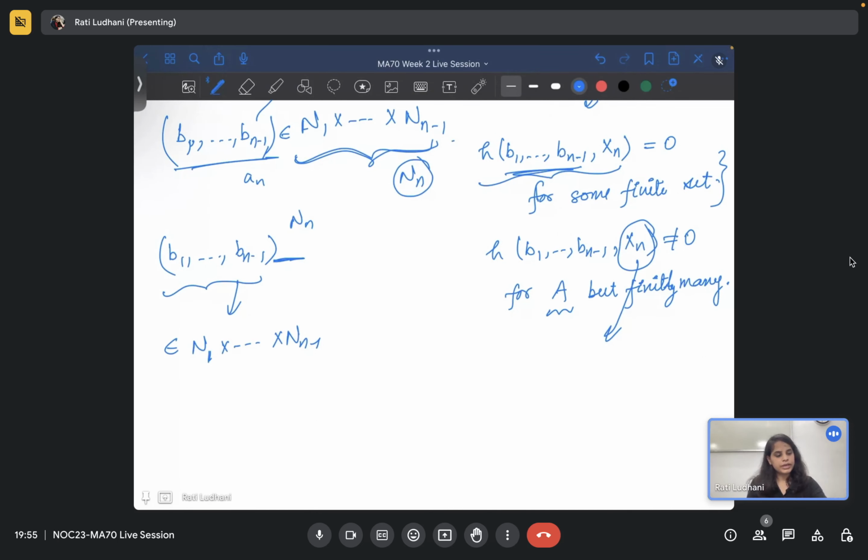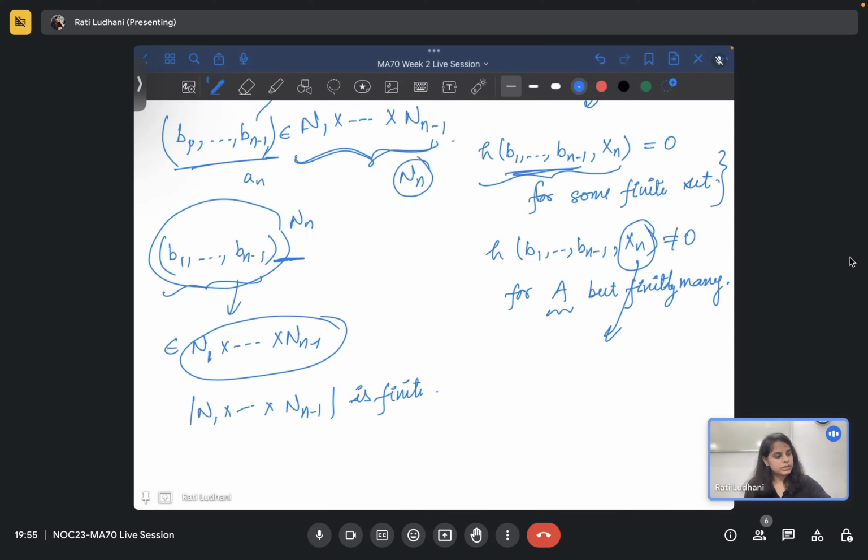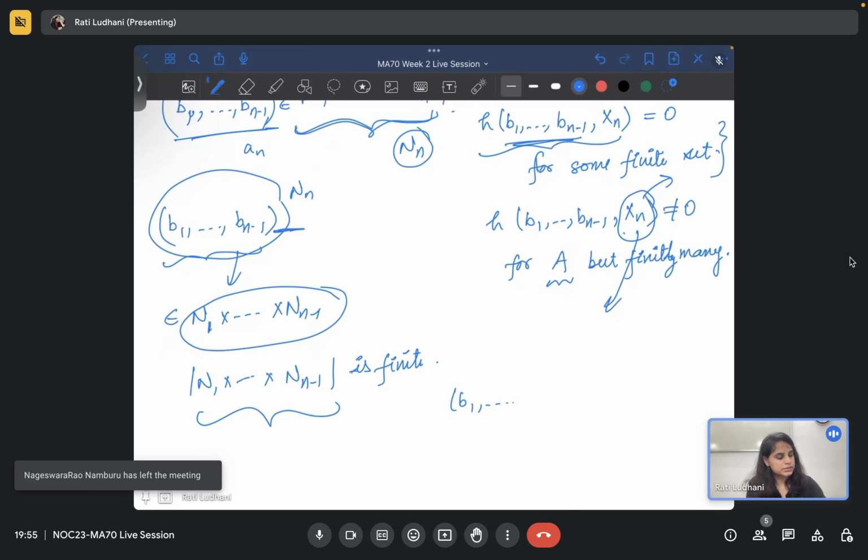Now this set is finite, so you are finding xn for finitely many sets. And my claim is, the intersection will be an infinite set.